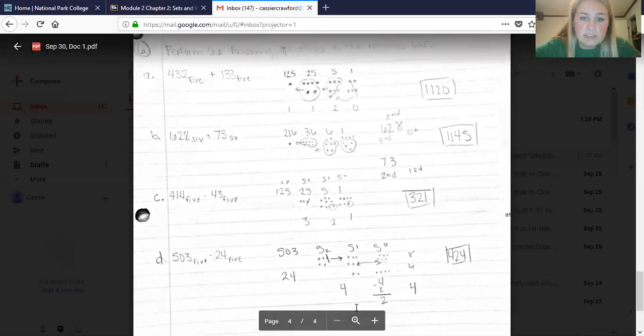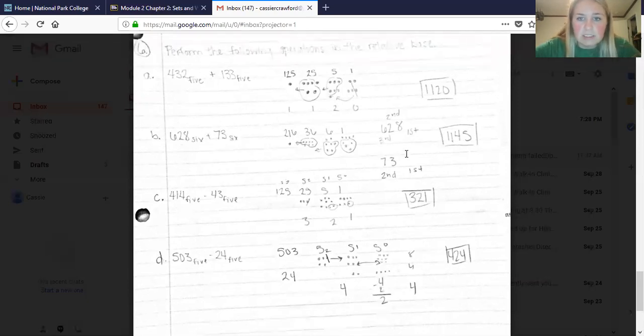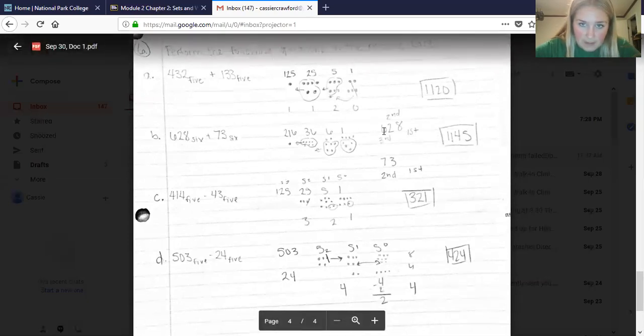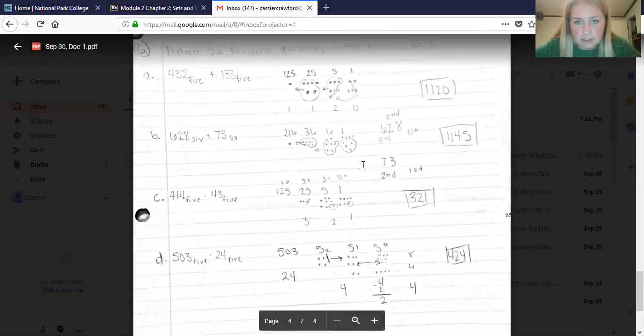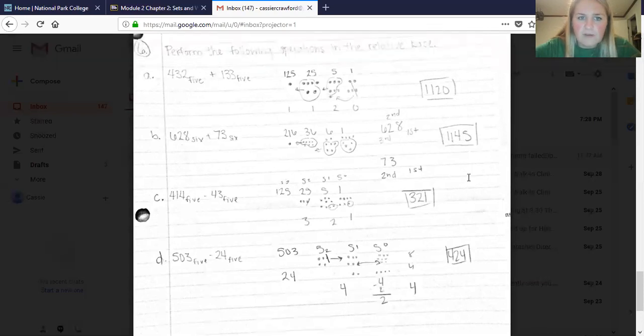And it's the same as D. We're going to end up getting 1145, where 628 has 6 dots in the third column, 2 dots in the second column, 8 in the first column, as well as 73, with 7 dots in the second column and 3 in the first. But they are all very much alike.